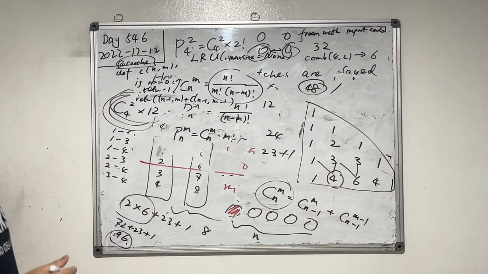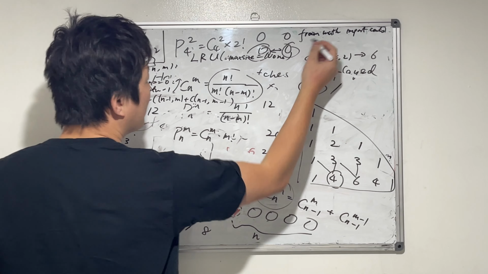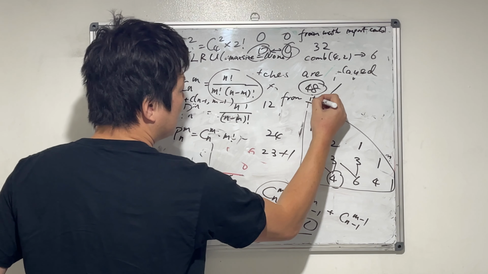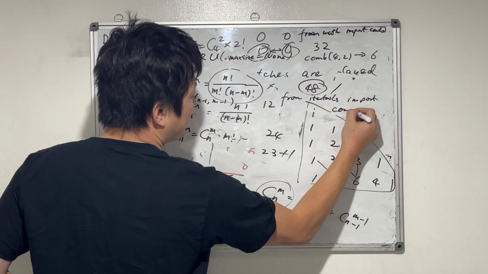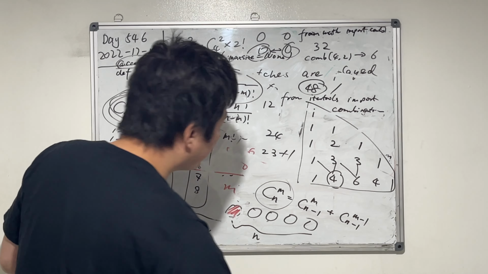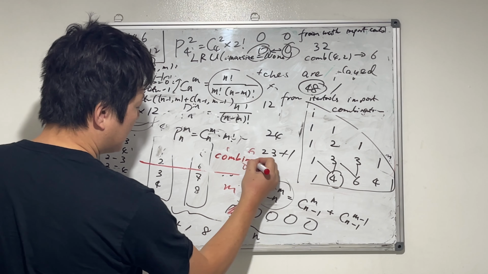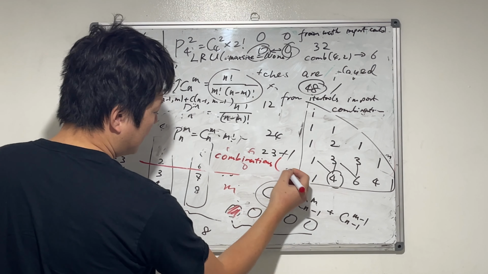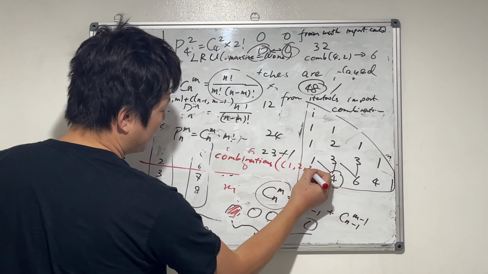Another similar function, which actually returns the combinations themselves, is from itertools. Import combinations. So how do we use it? The first argument is the iterator, so we can pass it 1, 2, 3, 4.